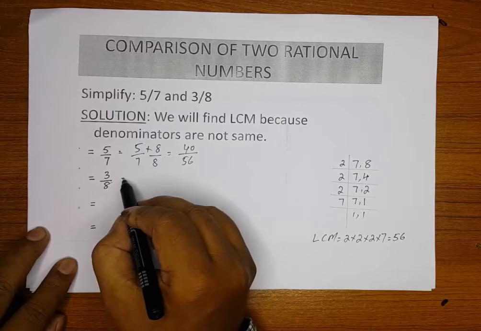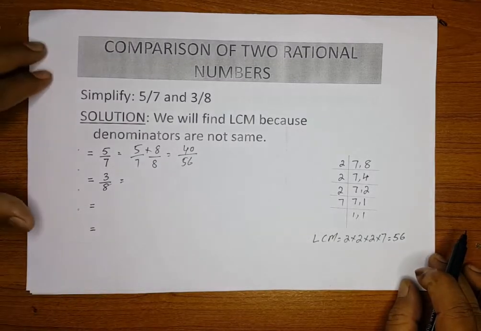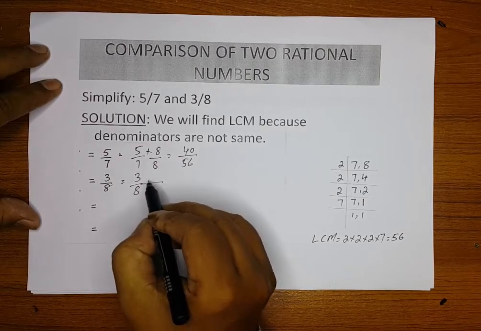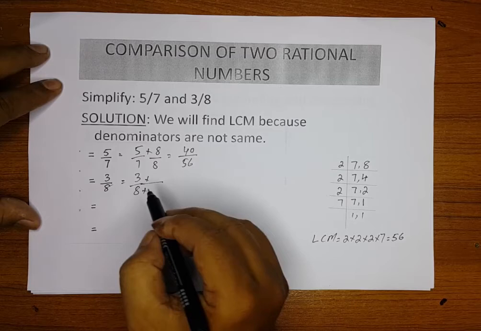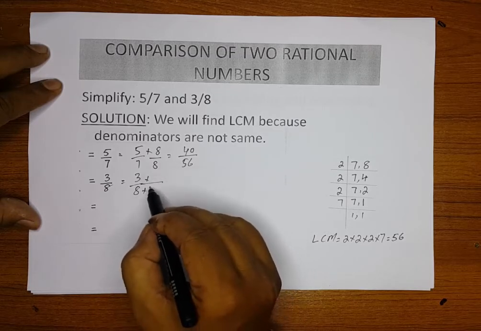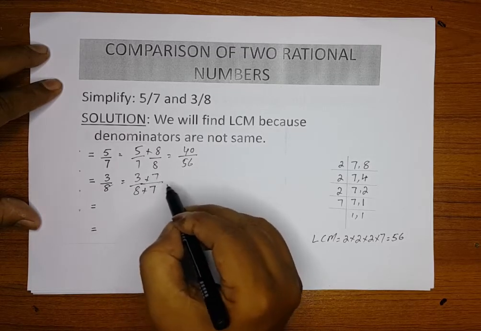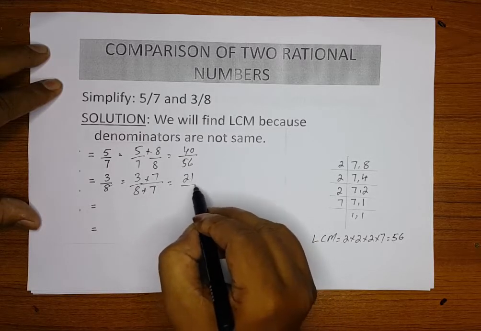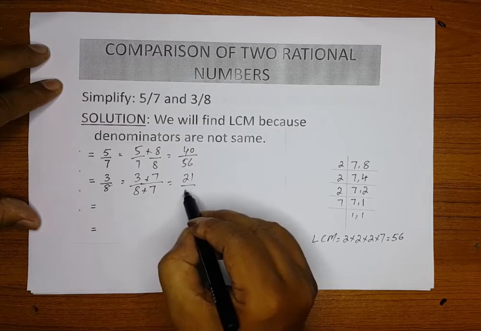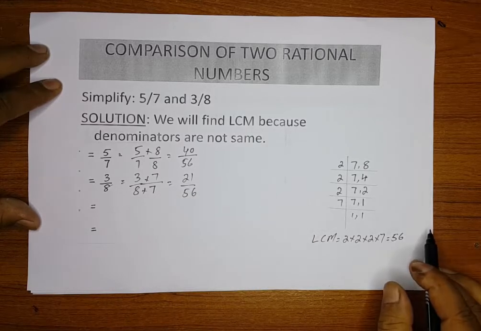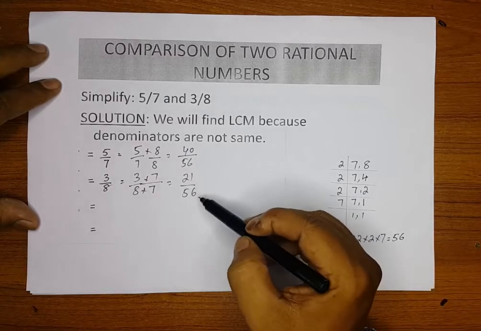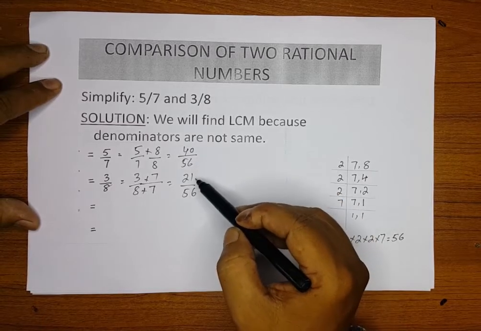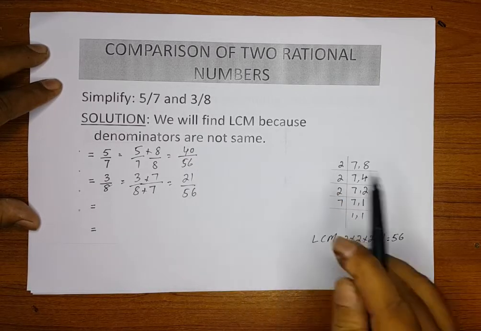Then our next rational number is 3 upon 8, and if we multiply by 7 up and down, then 3 sevens are 21 and 8 sevens are 56. So students, watch here now. Our denominators are the same. This is 40 upon 56. This is 21 upon 56.